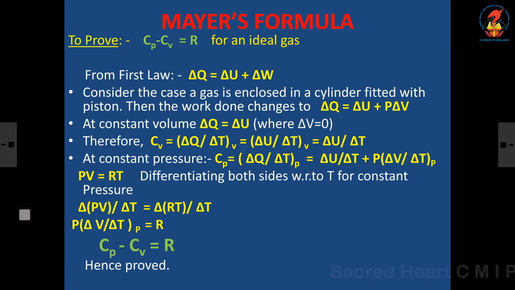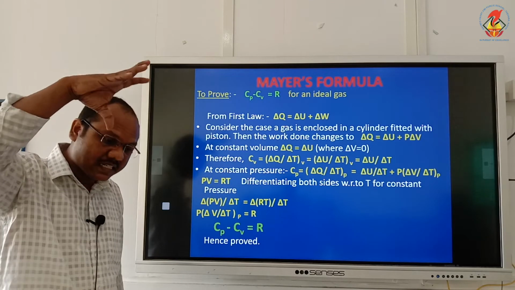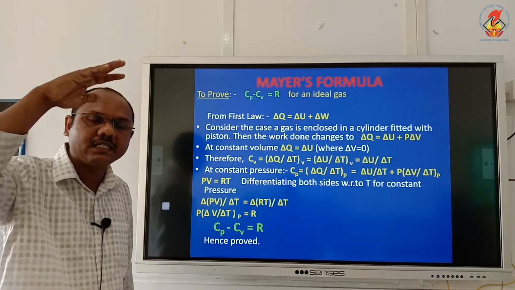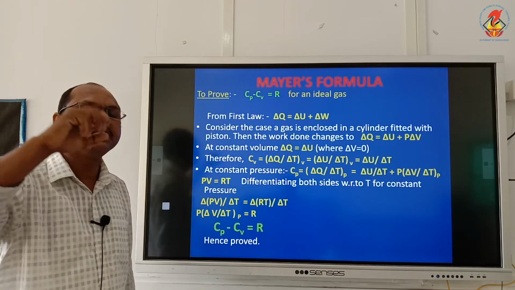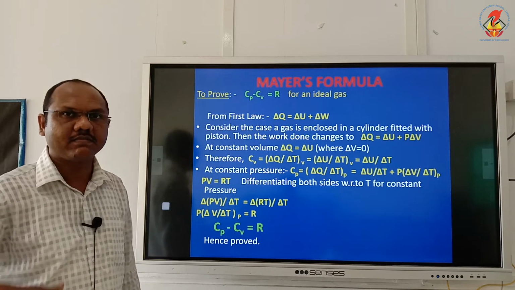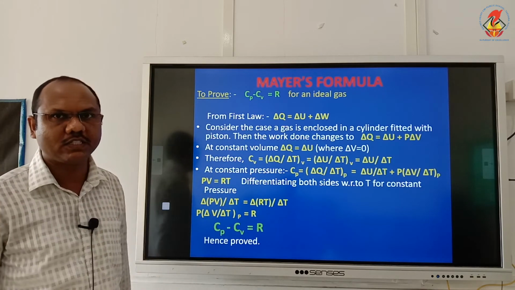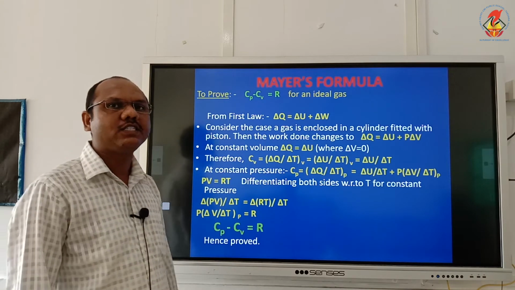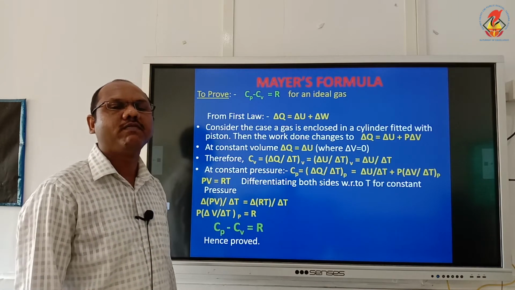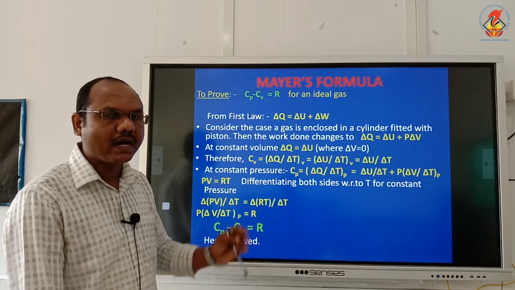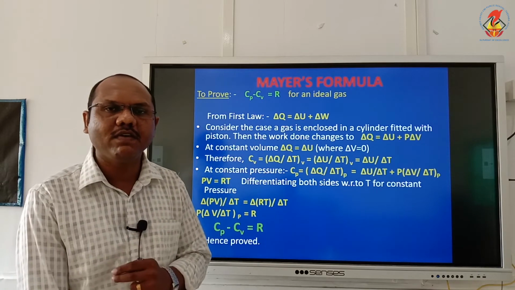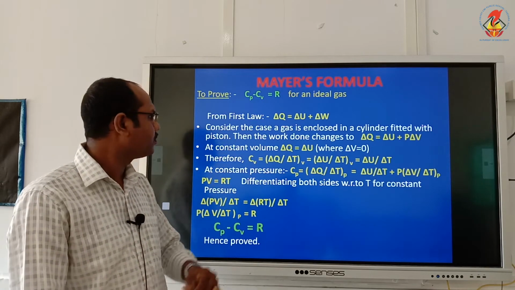Now imagine the piston is fixed and cannot move further. At that condition, when the piston is fixed, what will happen? The volume will not change further, so delta V will be equal to 0.